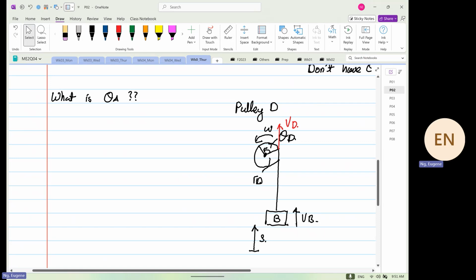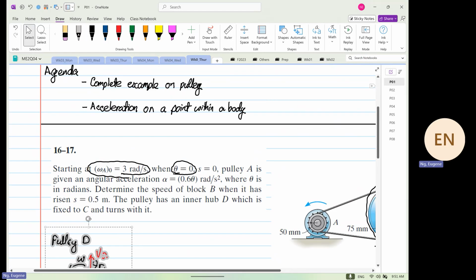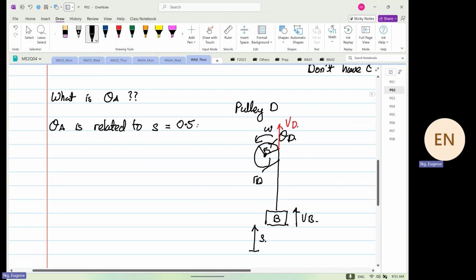Okay, so theta A is related to S, which is equal to 0.5. Is it in inches or in meter? Wait, I could not remember. Which is related to S is equal to 0.5 meter.